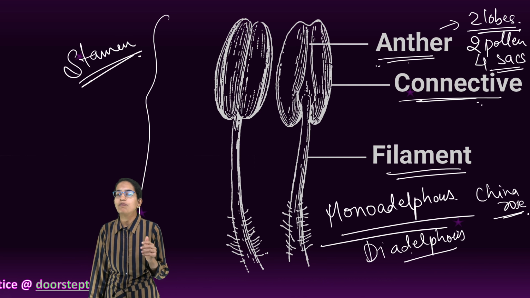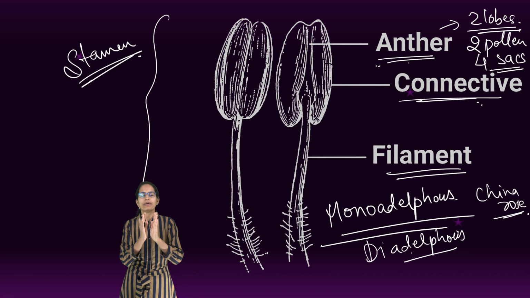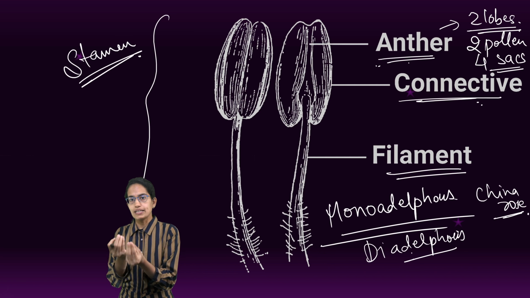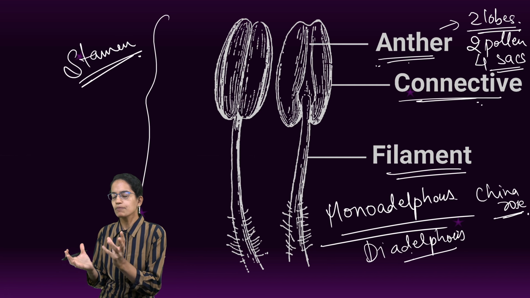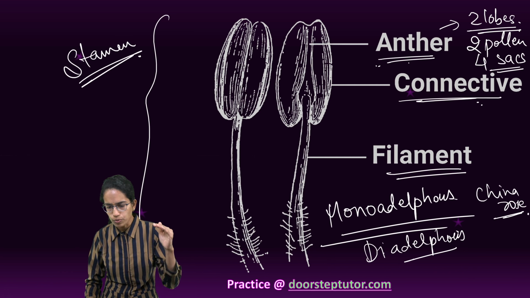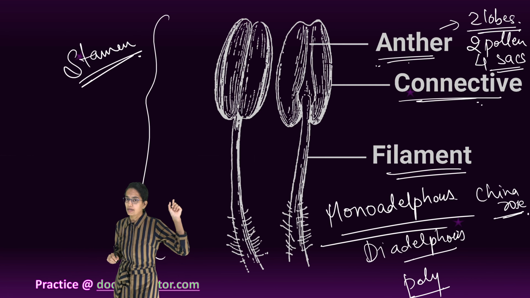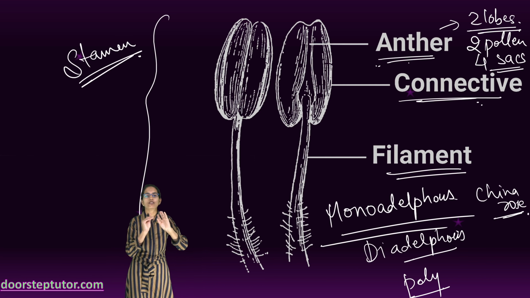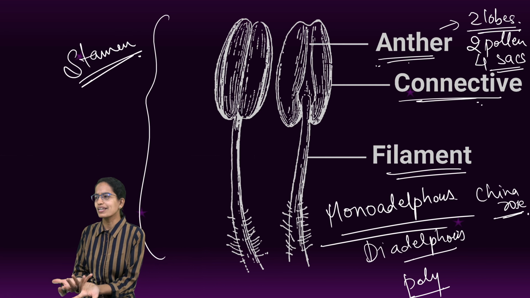The next is polyadelphous. Polyadelphous is where filaments unite into many bundles. Poly, so it's not just one, it is many bundles, and the anthers are free again. So mono, di and polyadelphous. In the case of sepals and petals, poly meant each of them is free. Here again poly means many, so each of them is technically free.